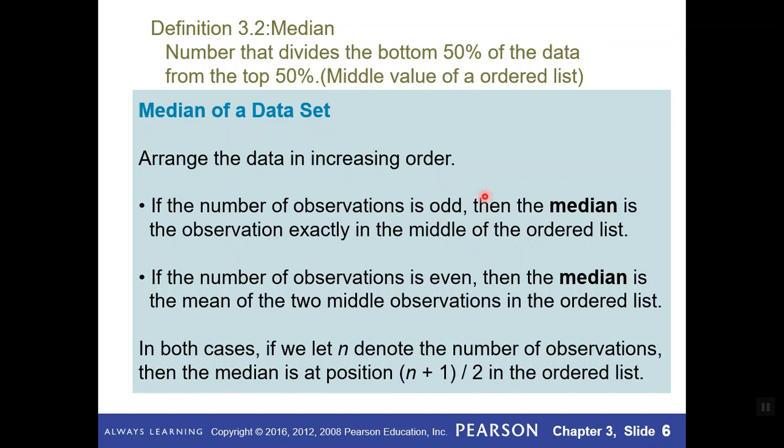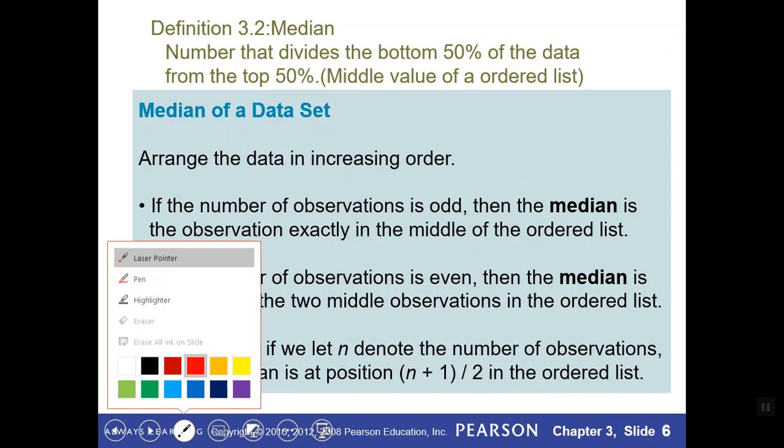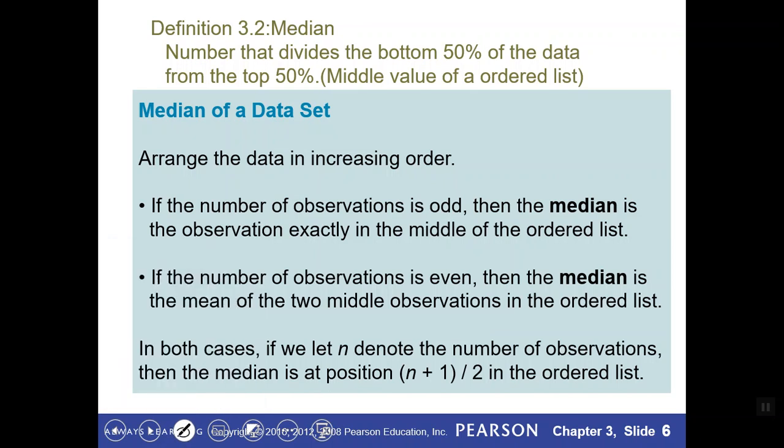If the number of observations is odd, then the median is exactly the middle point. If the number of observations is even, then the median is the mean of the 2 middle observations in the ordered list. This idea we can convert into a very simple formula.